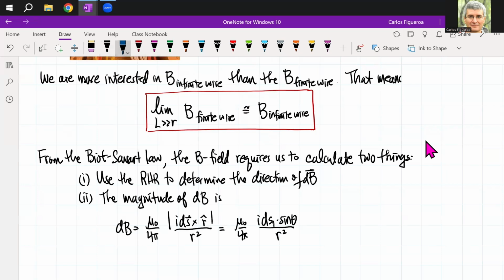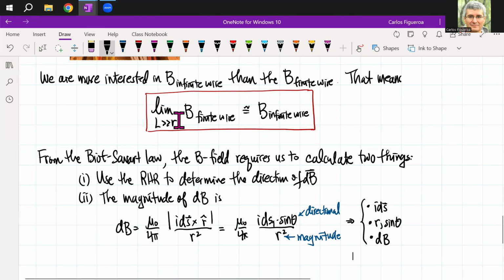So you can see that this is really giving me the so-called directional. We have to calculate this directional sine of theta. And then, of course, we need the magnitude. And all of this comes from what? The displacement vector. So if I go through my process here, I need I ds, my element, I need r, and I need sine of theta. And once I have those quantities, I then get my dB value.